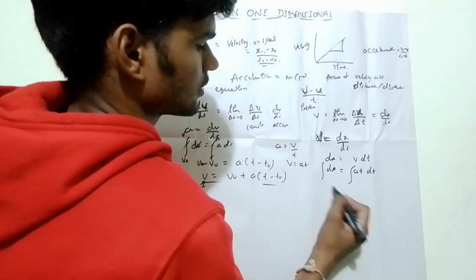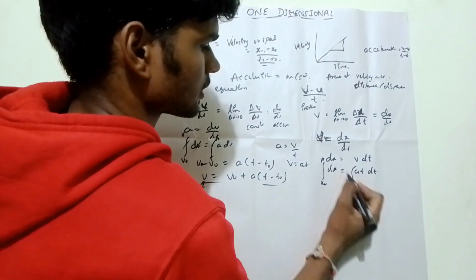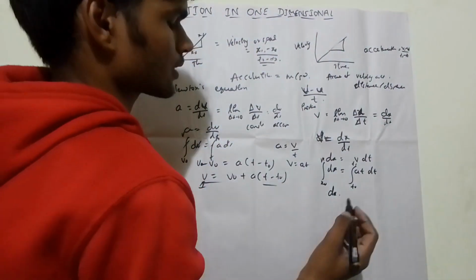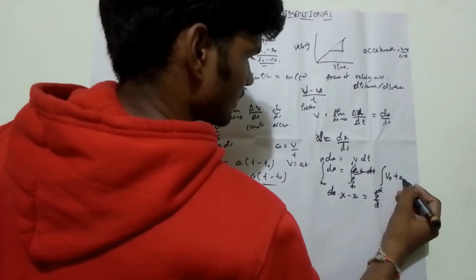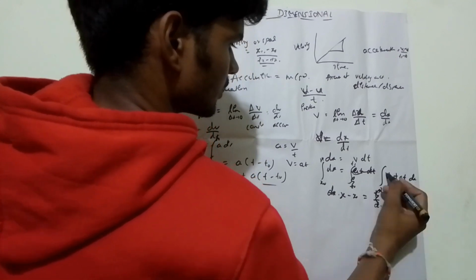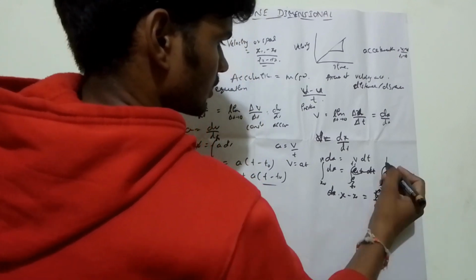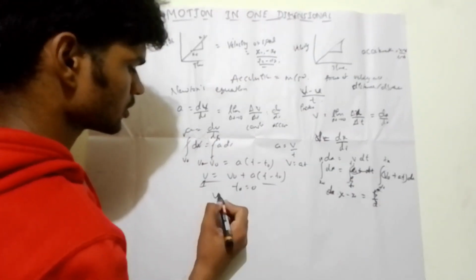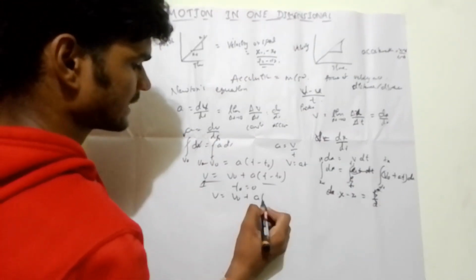Integrating both sides, x naught to x1, t naught to t1. Here consider t naught is equal to 0, v is equal to v naught plus at.